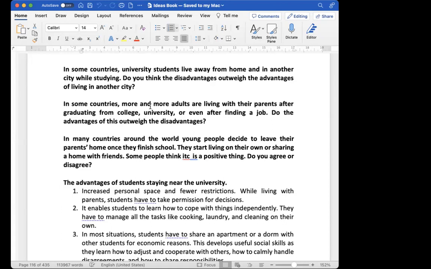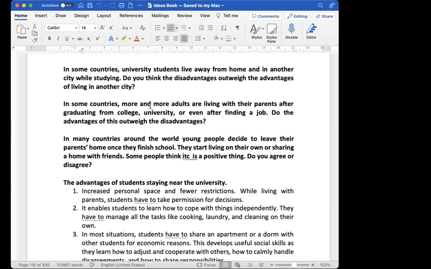They choose universities which are far, or good universities which are not near, and they have to live in another city. Now they have asked you, are the advantages more or the disadvantages more? You have to do both. Write both in this essay. Whatever you think is more, you have to write more on those points.